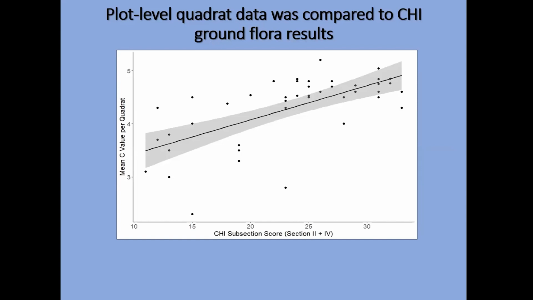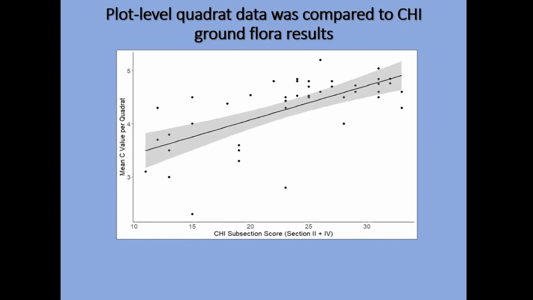So for the briefest statistics lesson of your life, for anyone who's not familiar with correlation analysis, the closer a correlation result is to 1, the better the relationship between 2 variables. One of the questions that has been asked by people when they look at CHI is, are you collecting enough data within those timed meanders to even come close to what someone would find when conducting quadrat level data?